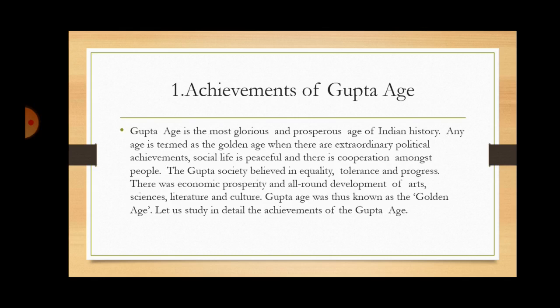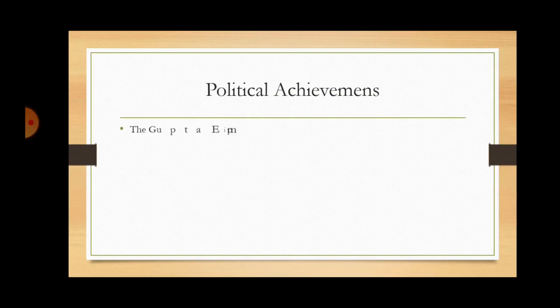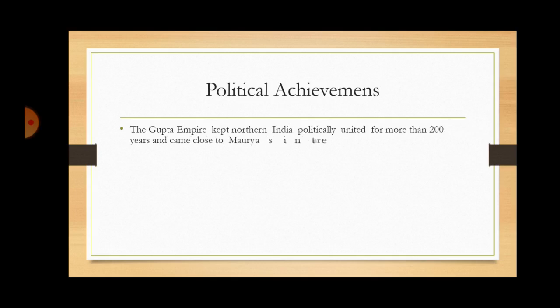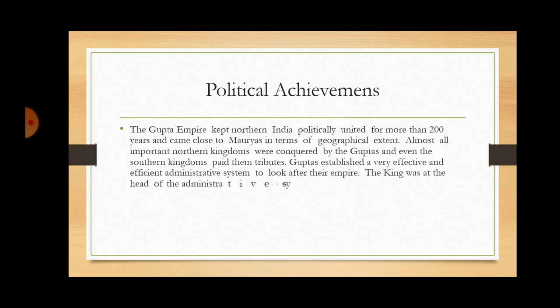Social life was peaceful and there was cooperation amongst people. Gupta Empire kept northern India politically united for more than 200 years. It came close to Mauryas in terms of geographical extent.